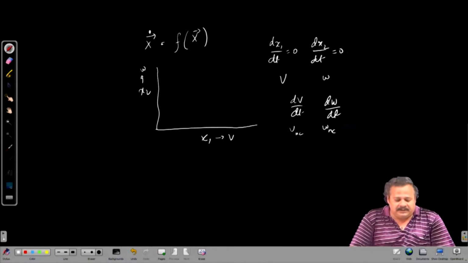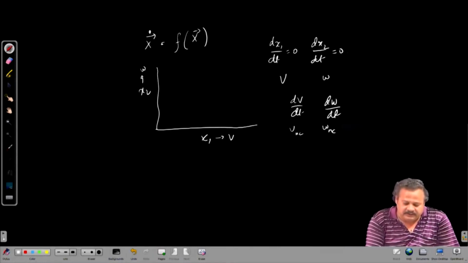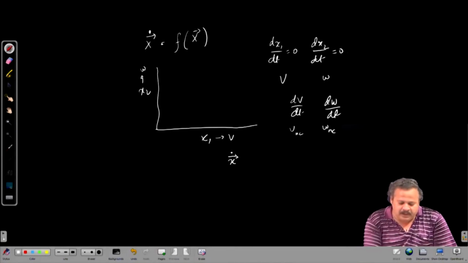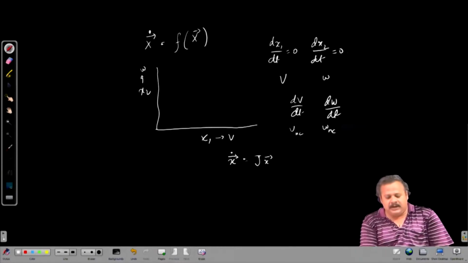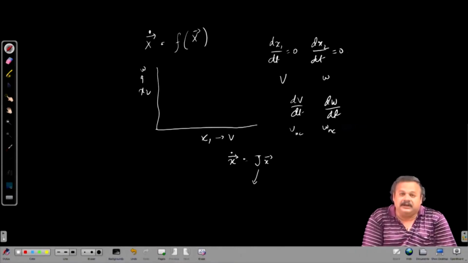Through linearization, if x now represents the deviation from the equilibrium point, we get x dot equals Jx, where x is a two-dimensional vector and J is the Jacobian after the linearization.